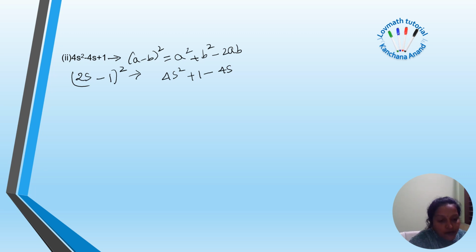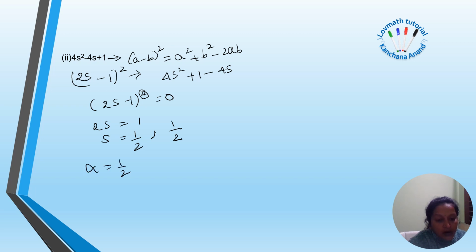So the factors of this equation are 2s minus 1 whole square is equal to 0. 2s is equal to 1. s is equal to 1 by 2. Here square is there, so the two solutions are 1 by 2 and 1 by 2. Here alpha is equal to 1 by 2 and beta is also equal to 1 by 2.